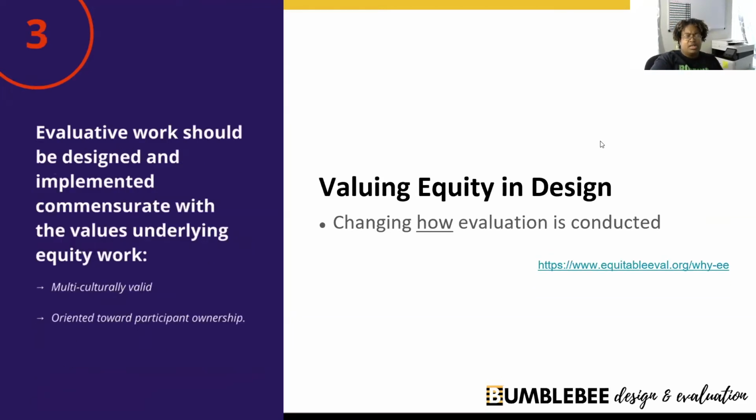So the third principle is that evaluative work should be designed and implemented commensurate with the values underlying equity work. What this means basically is that equity infuses evaluation design. Some ways that we'll talk about later include participatory approaches, as well as multicultural validity, which is central to equitable evaluation work.